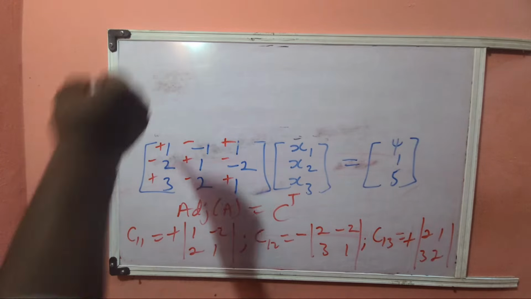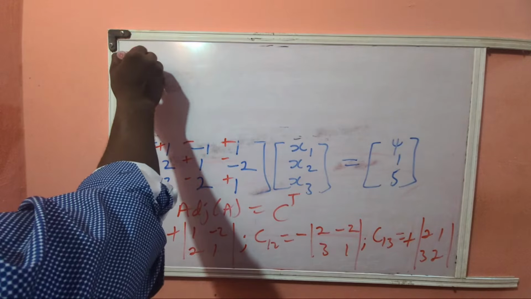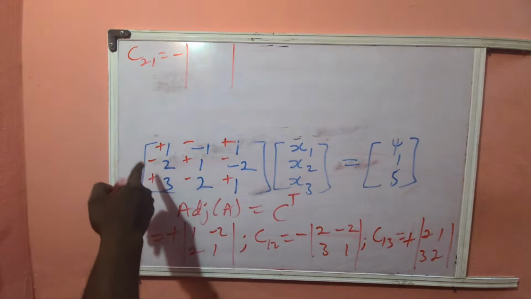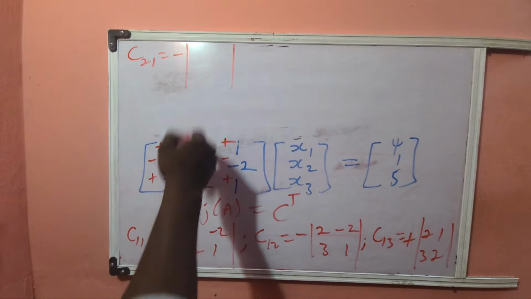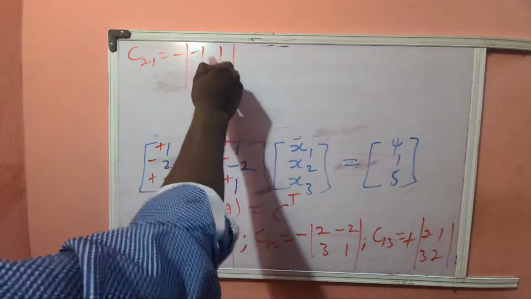The cofactor of 2, 1 will be minus. Removing row 1, column 1, we're left with minus 1, 1, 2, 1.